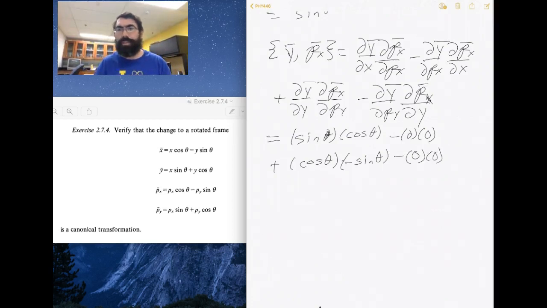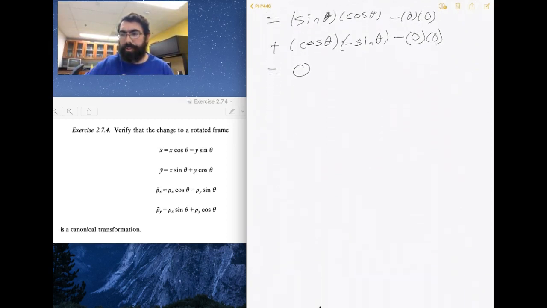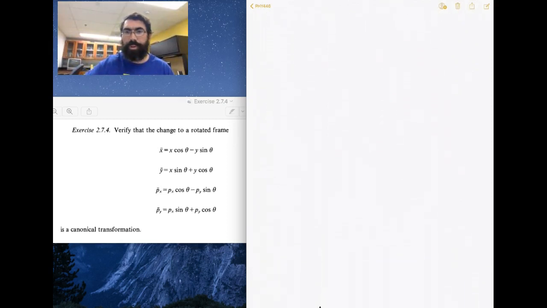So again, we have non-zero terms, but they turn out to be exactly the same, and when we subtract them, we get 0. So we've gone through the 4 combinations of Poisson brackets of coordinate with coordinate, and coordinate with the opposite component of the momentum, and all those 4 turn out to be 0.